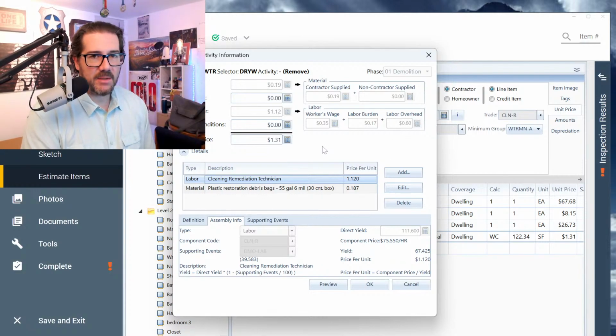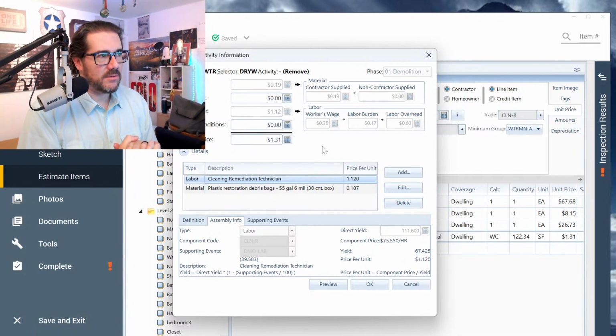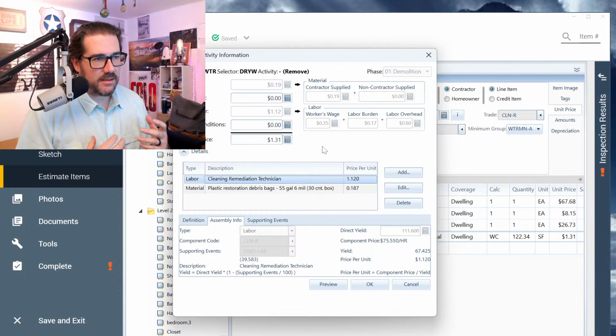As you can see, the makeup of this line item, 35 cents is the wage, 17 cents is the burden. Burden is insurance, workers' comp, benefits, blah, blah, blah. The 60 cents is what Xactimate calls labor overhead. And where this came from is Xactimate wanted to represent retail rates whenever possible.